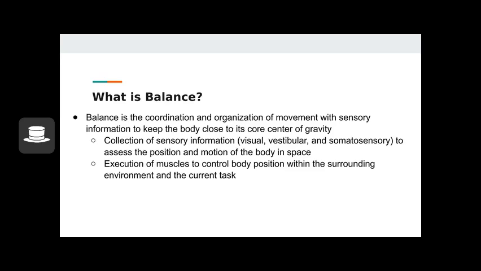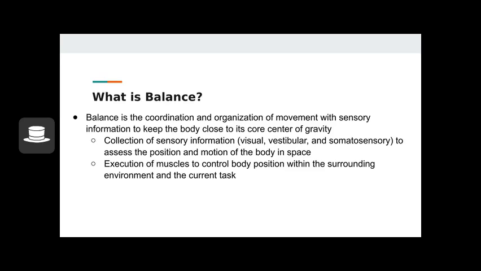And this is done by collecting sensory information, which is a combination of visual, using our vision; vestibular, which is a fancy word for our inner ear; and somatosensory, which is a fancy term for general sensation of your limbs, extremities and body.